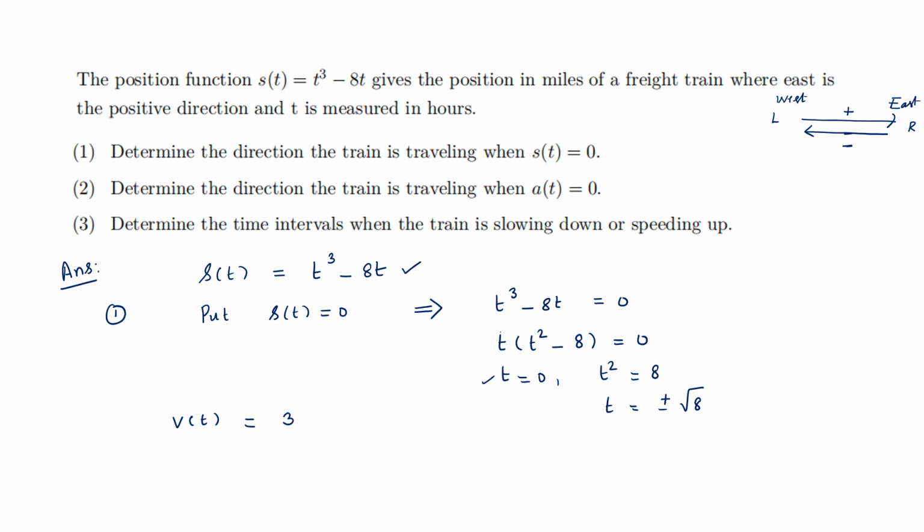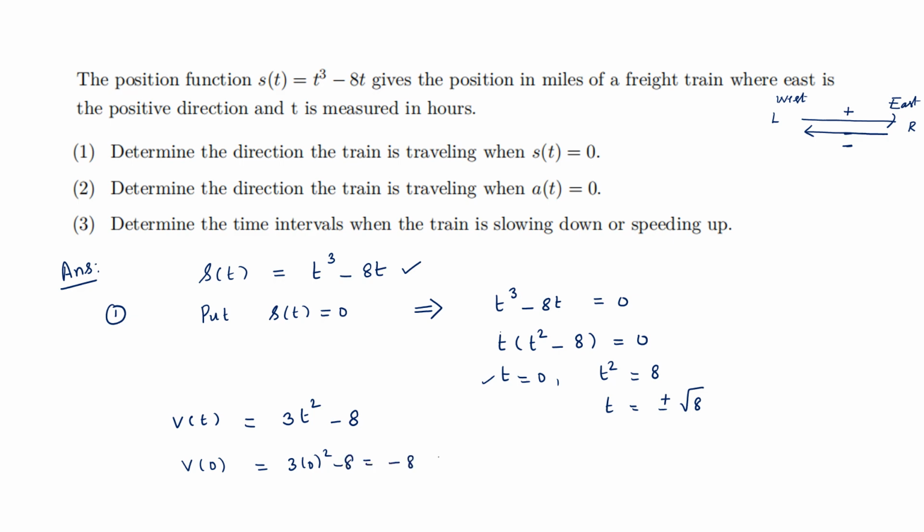It is 3t square minus 8. So I am finding v of 0 now. Because t equal to 0 I am taking, v of 0 is 3 times 0, it is 0, minus 8. So totally minus 8.